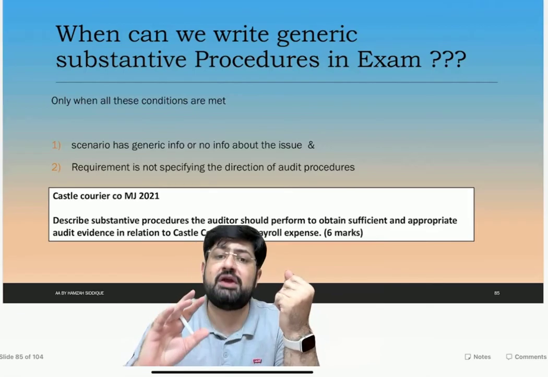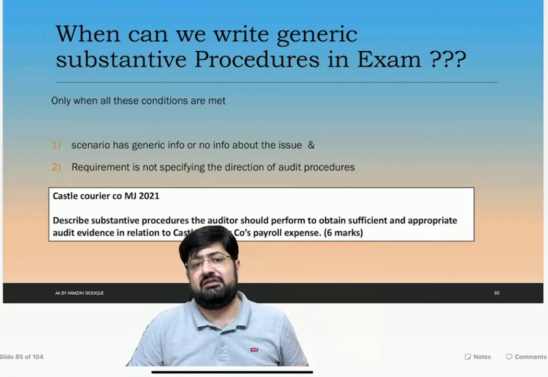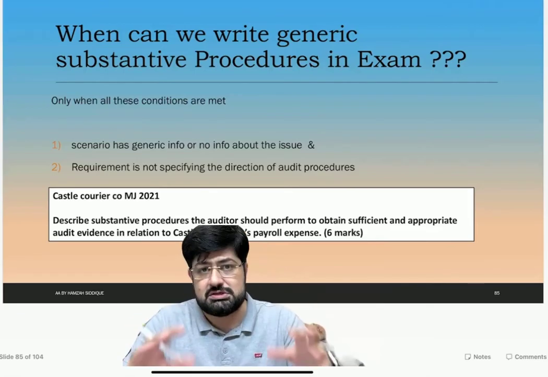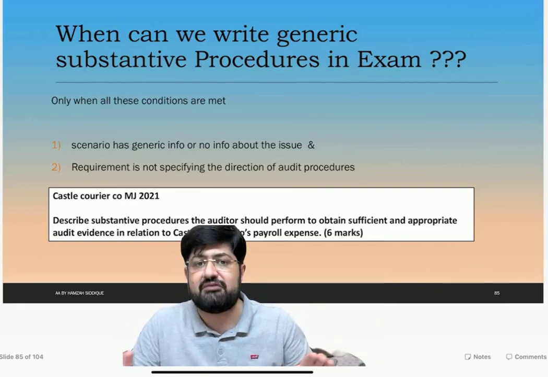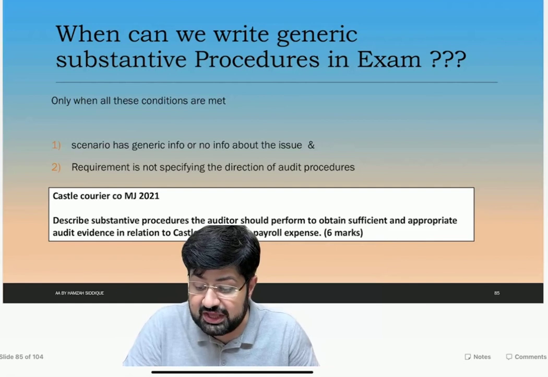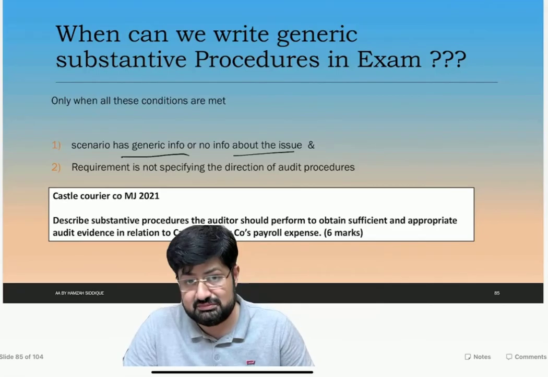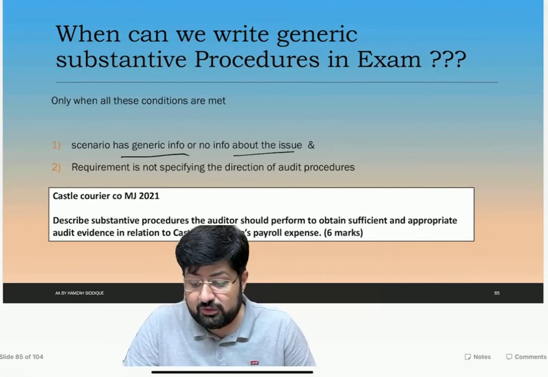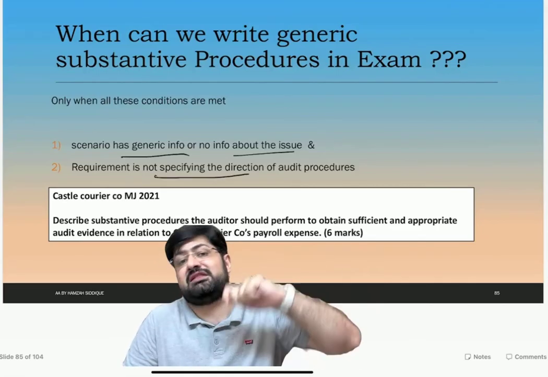Remember, you can write only generic substantive tests on any issue, without being confined to any assertion or scenario information, only when the scenario has generic information or no information about the matter, and the requirement is not specifying the direction of audit procedure.